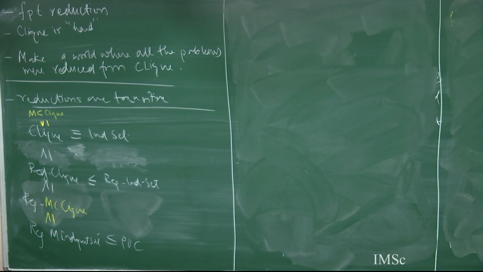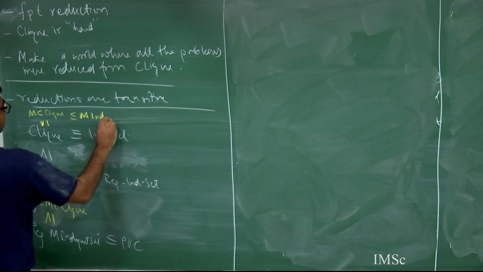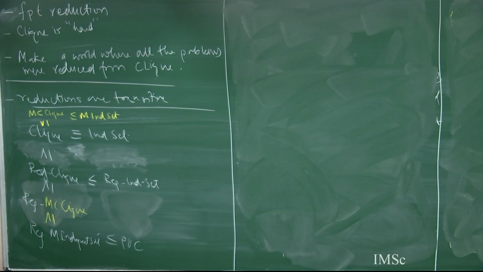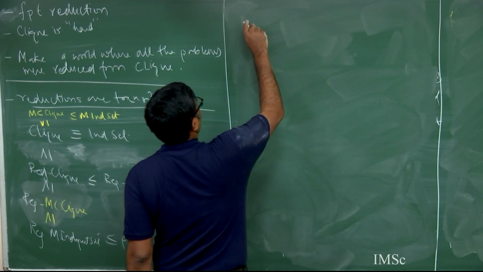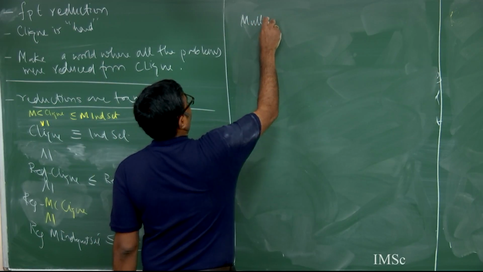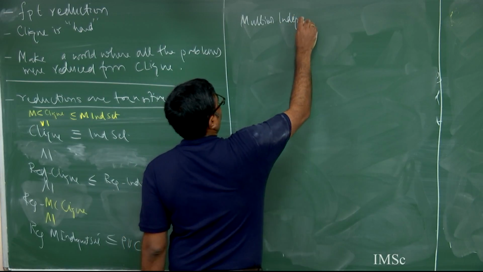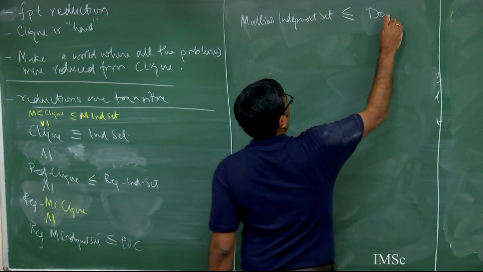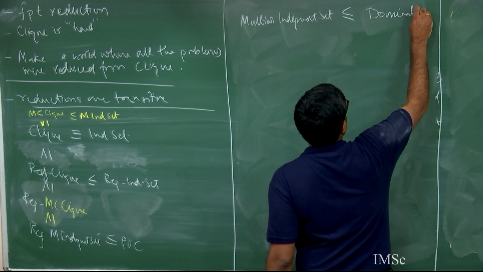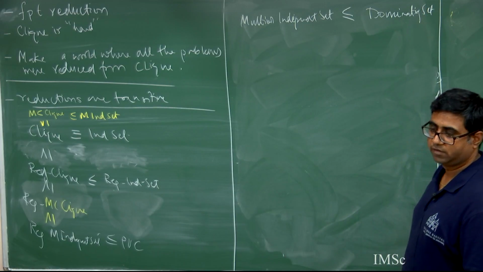If you did the complement here, it is multicolored independent set. Fine. So now I am going to give a reduction from multicolored independent set, or independent set, it does not matter, to dominating set. Multicolored independent set to dominating set.